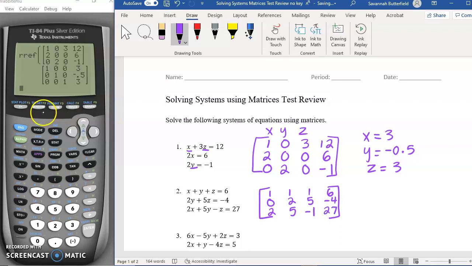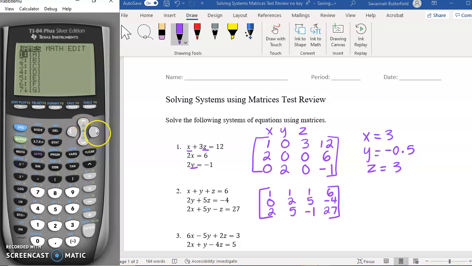Same thing, we're going to go over to our calculator, second x to the -1, math, option B. Put in my matrix, alpha zoom, and I don't need to change that from last time, so plug that in, and let's put in the numbers.